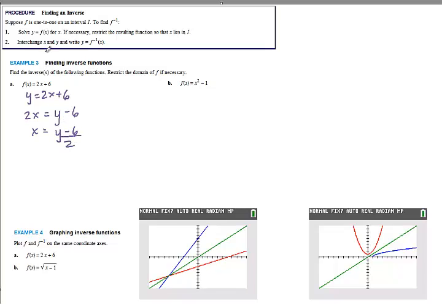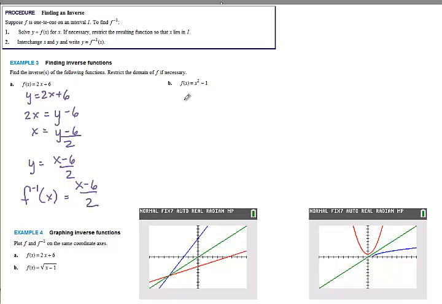The next step is interchange the x and y: y equals x minus 6 over 2. And then we need to clean this up and say that the inverse of our original function is f inverse of x equals x minus 6 over 2. Cool.